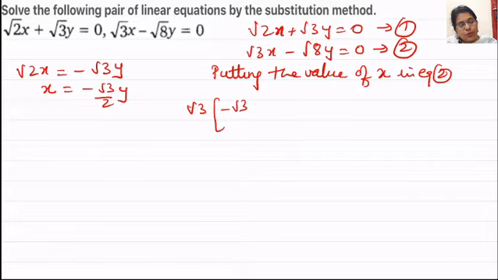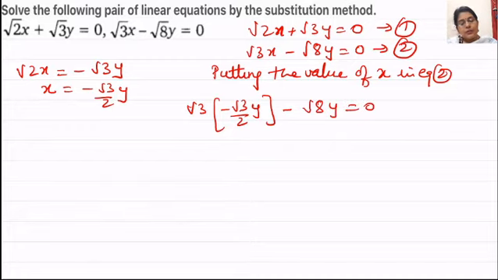Minus root 3 upon 2y, minus root 8y is equal to 0. Now everyone knows that root 3 into root 3 is 3, and minus will come outside. Minus 3 by 2y minus root 8y is equal to 0.